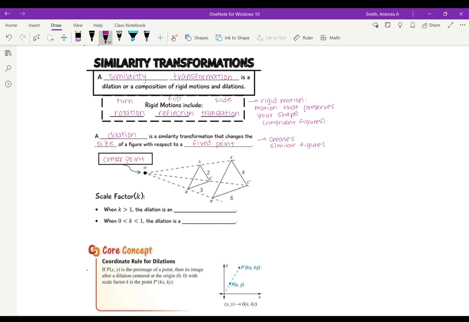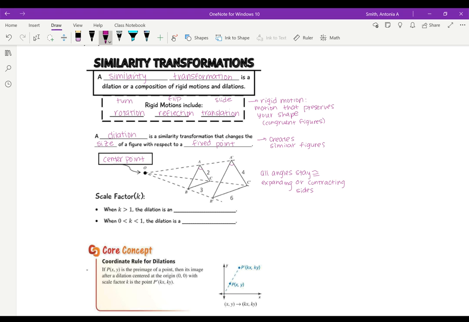But we're doing it with a fixed point so that we're not changing the shape at all. By doing it with this fixed point, all of our angles stay congruent. So angle A here is going to be congruent to angle A prime. We are just expanding or contracting the sides.